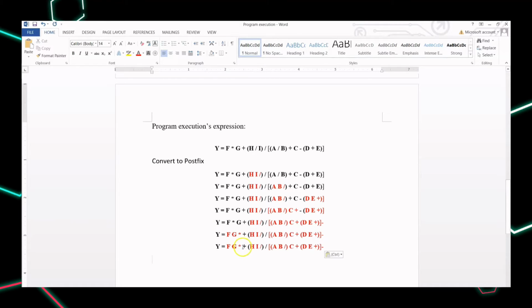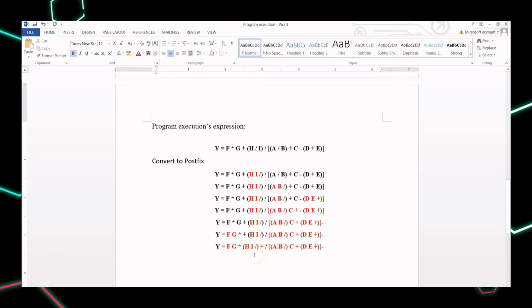Next step, we have an addition, and this addition is FG multiply and the HI divide. So we will move it to behind of the HI divide. So move it here. And then still the same, fix it, don't change anything.